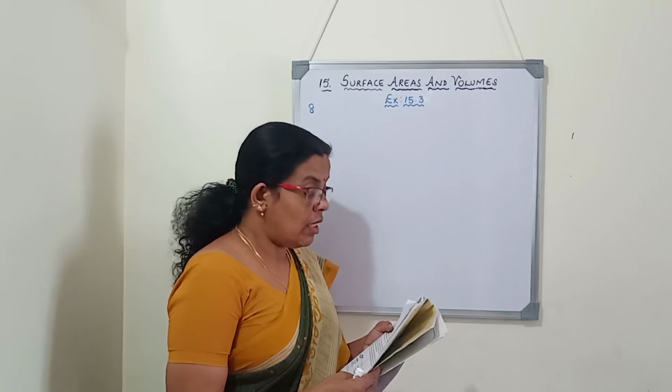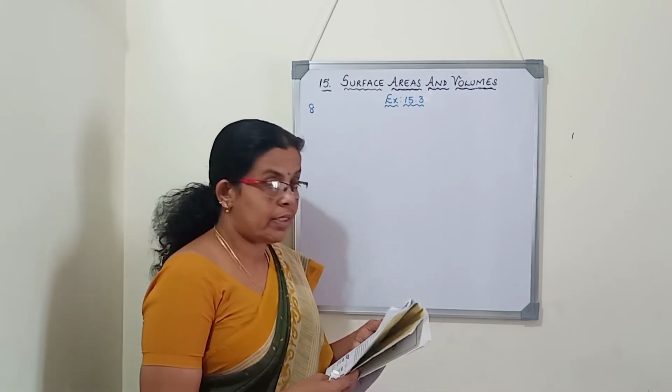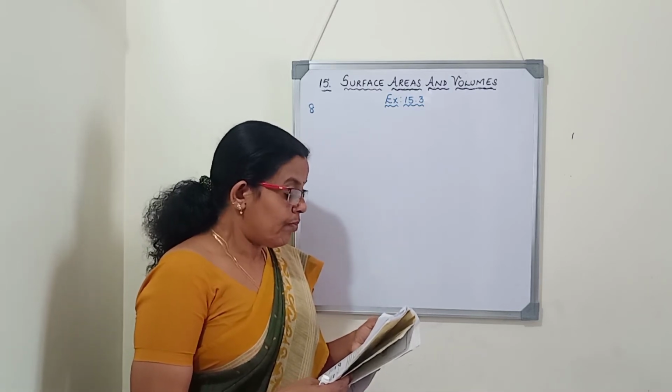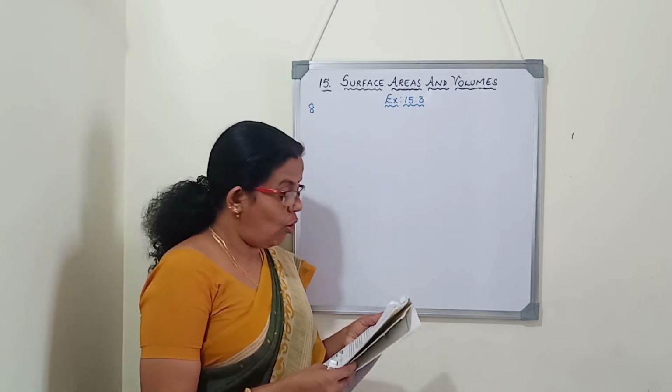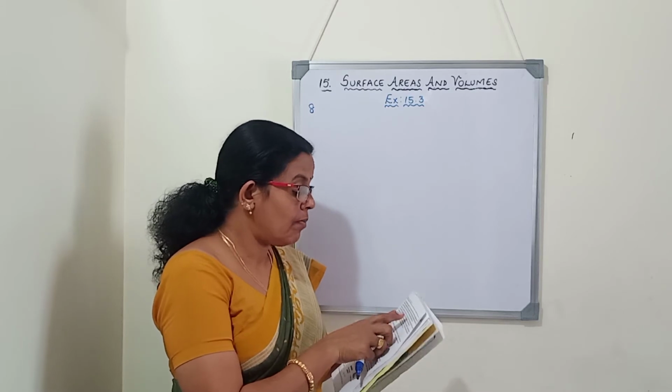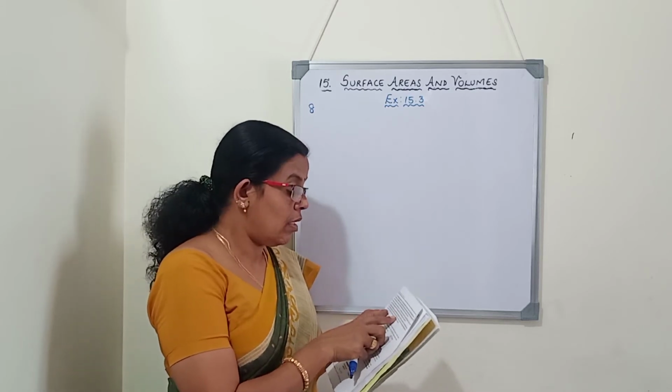So here 6 meter wide and 1.5 meter deep about the canal they are talking. So the meaning is canal is in the shape of a cuboid. Width is given, height is given. We want to find the length of the canal.